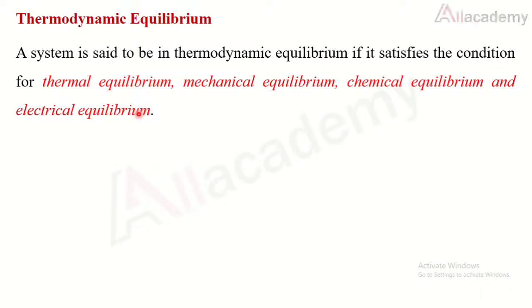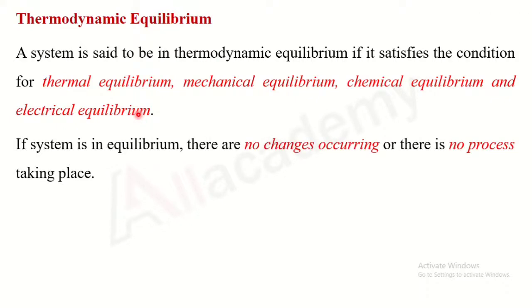So which are those main equilibriums? That is thermal equilibrium, mechanical equilibrium, chemical equilibrium and electrical equilibrium. If these all conditions are satisfied, then I can say that the system is in a thermodynamic equilibrium. So during this thermodynamic equilibrium, there will be no changes occurring in a system. That is very important.